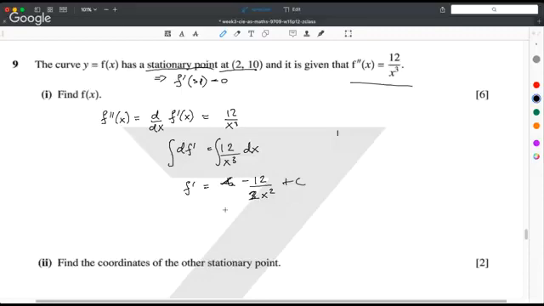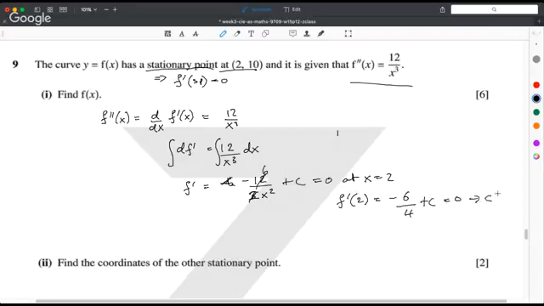And we know that this is equal to 0 at x is equal to 2. So f prime at x is equal to 2 is minus 6 on 4 plus c is equal to 0.